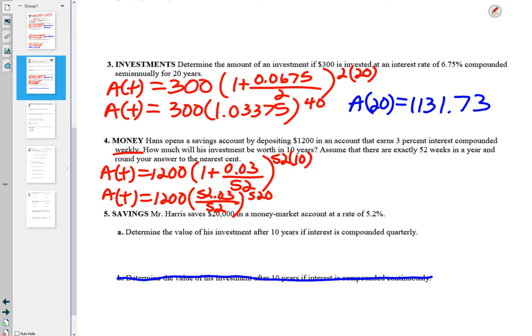Sorry. 52.03 divided by 52. Okay, then I get that nasty decimal again, to the power of 520. And then at the end, I'm basically teaching my calculator order of operations. I get that the amount after those 10 years, to the nearest cent, would be $1,619.69.